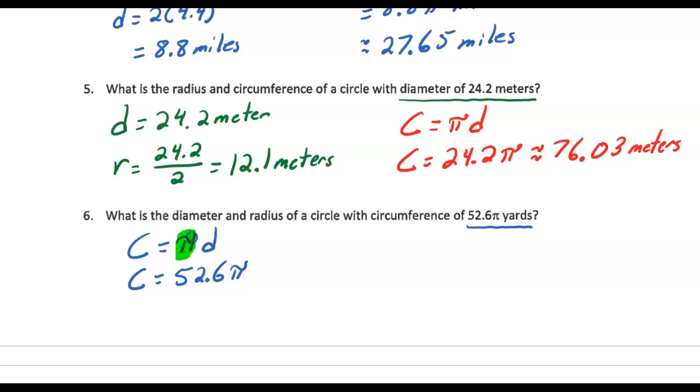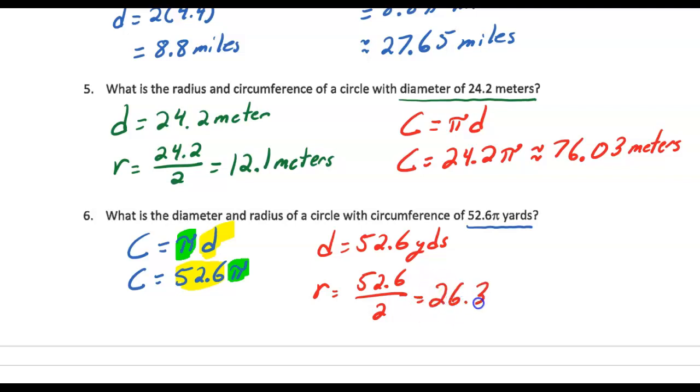Matching these equations up, both of these have a pi, which means the diameter is 52.6. And that's yards. The radius is half of the diameter. So dividing that, we get 26.3 yards.